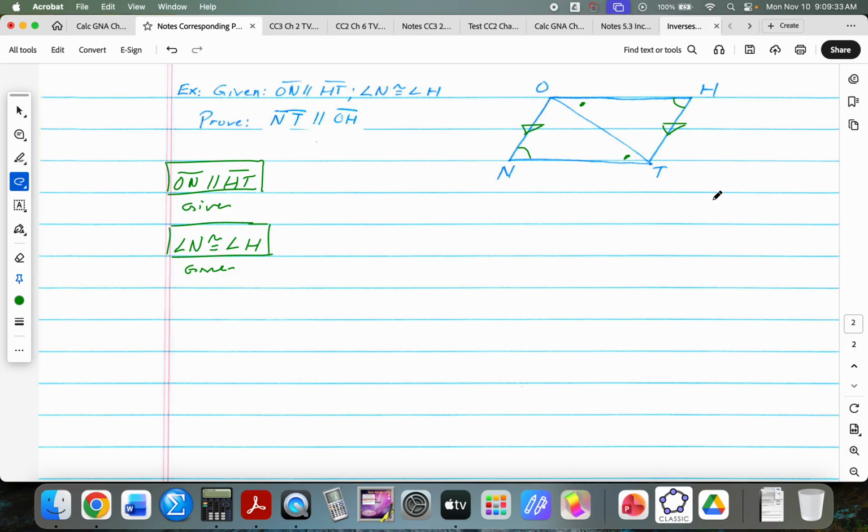All right. So if I've got that these two lines are parallel, then I know that these two angles are congruent to one another. Angle NOT is congruent to angle HTO by the alternate interior angles theorem.